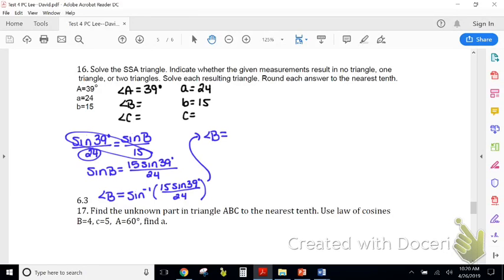And so what do we get for angle B? 23.2 degrees.